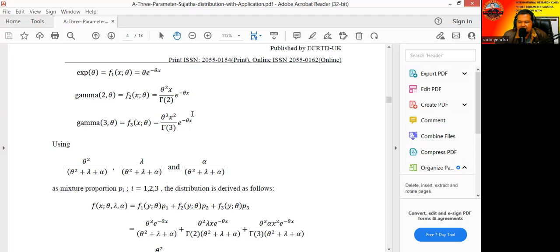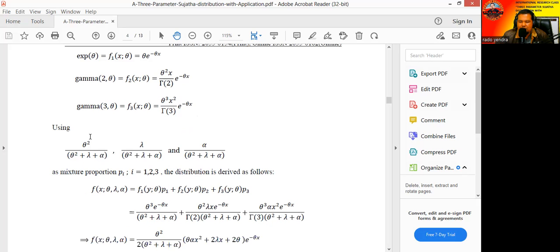exp minus theta x. And then we use the weights: the first weight p1 is theta power 2 divided by theta power 2 plus lambda plus alpha, the second weight lambda divided by theta power 2 plus lambda plus alpha, and the third weight alpha divided by theta power 2 plus lambda plus alpha.